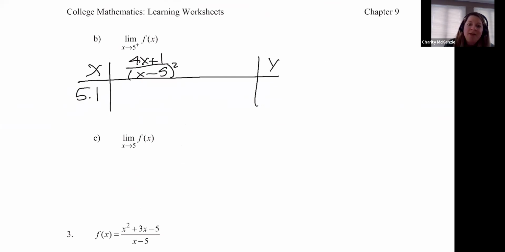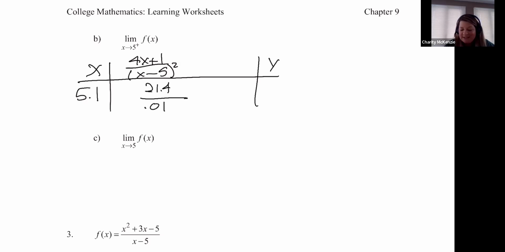So for the 5.1, 4 times 5.1 and then add 1 is going to give me 21.4 on the top. And then this time it's going to give me a positive, but it doesn't really matter because you're squaring it. So 5.1 minus 5 is 0.1, and 0.1 squared is 0.01.